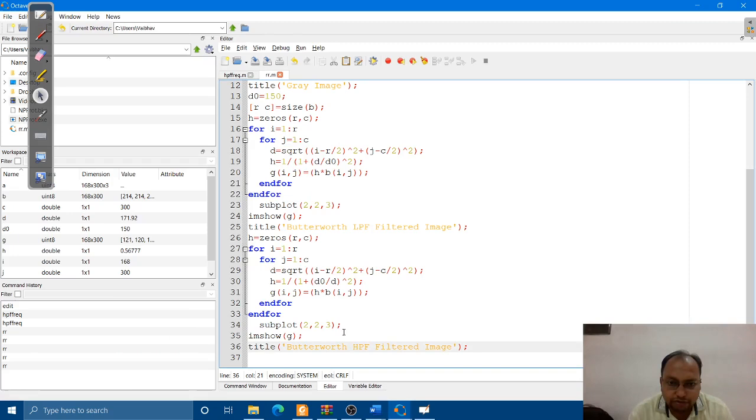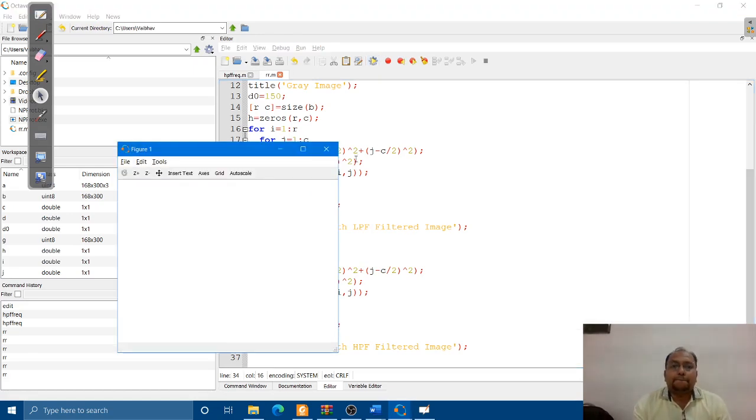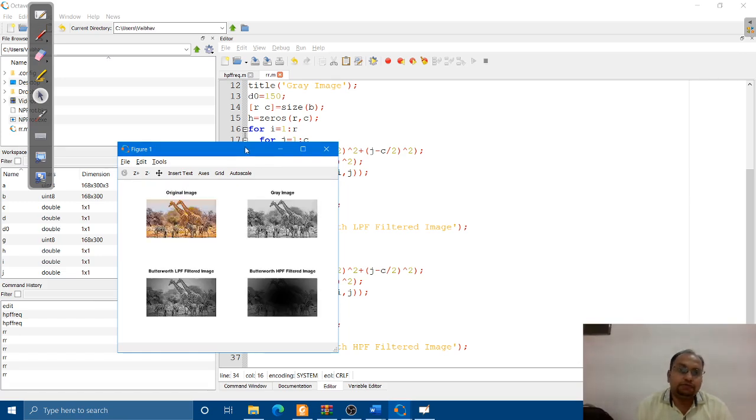Sorry, I forgot to change this one. That image has been overlapped. So this is the low pass filtered image and the high pass filtered image. This is image sharpening, and this is image blurring.